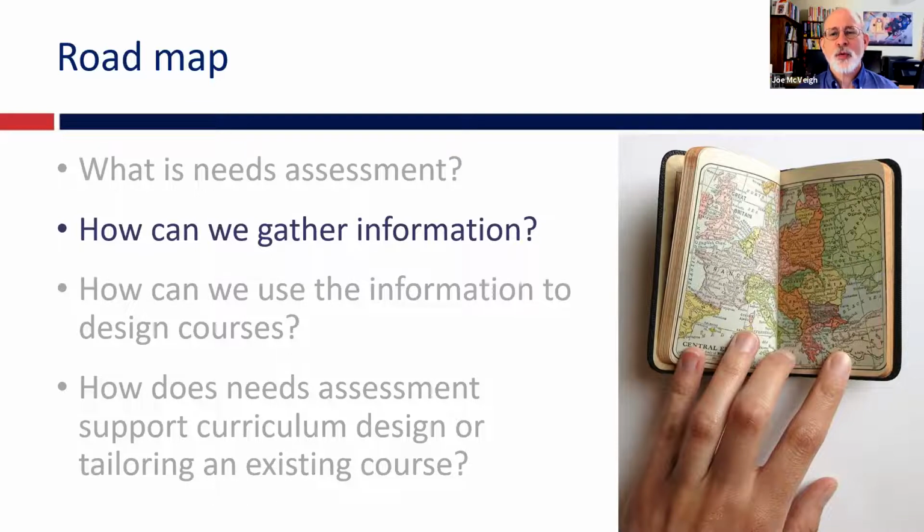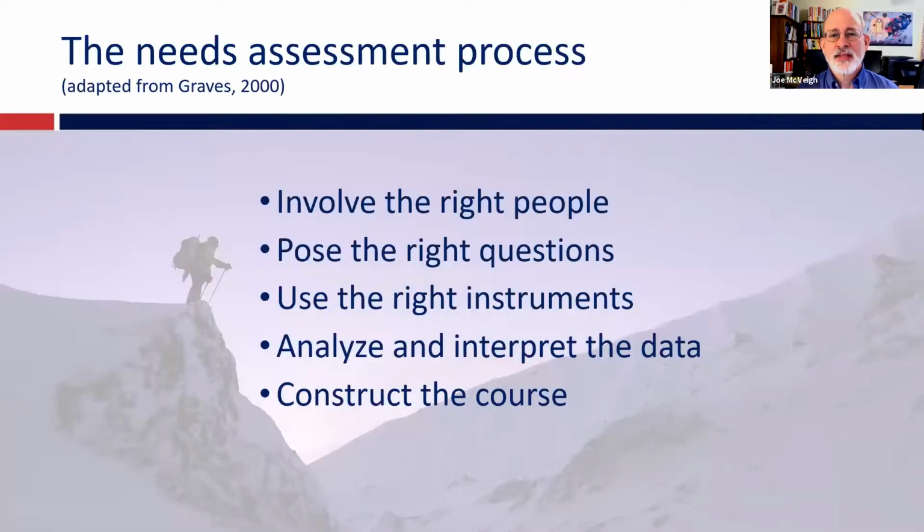To think about how we can gather information, I'd like to look at a model of the needs assessment process. This model was put together by author Kathleen Graves, and she suggests that the needs assessment process can be divided into 5 basic parts. The first thing to do is to involve the right people in getting the information.